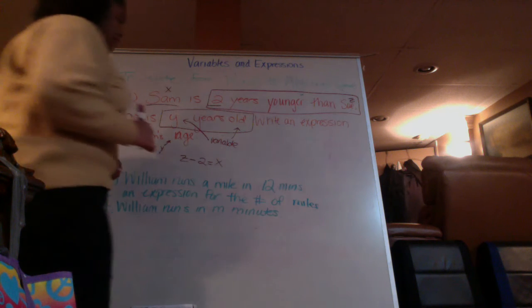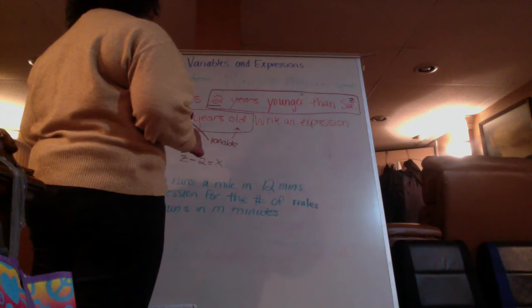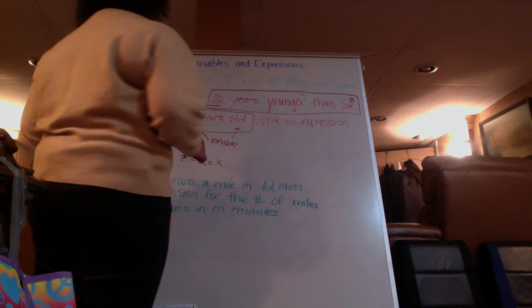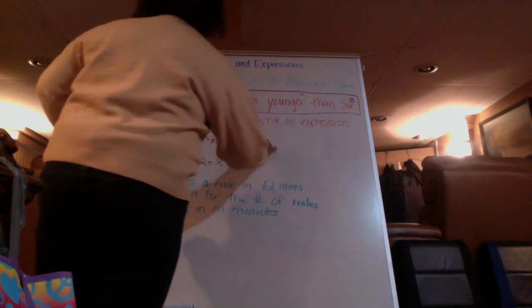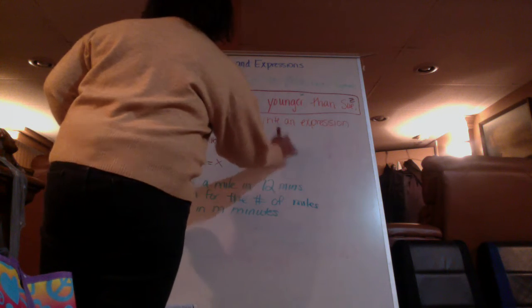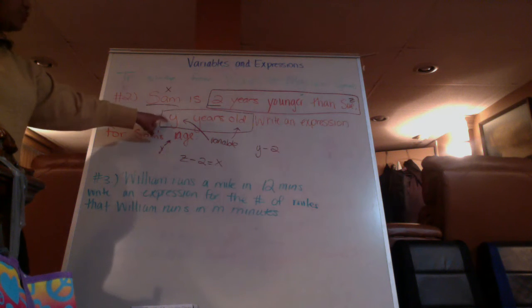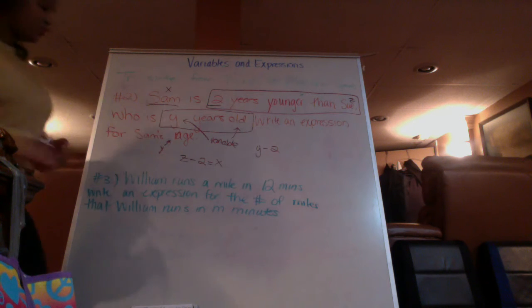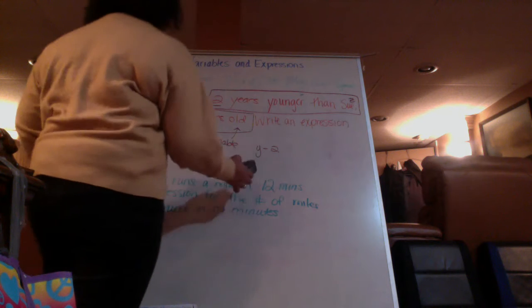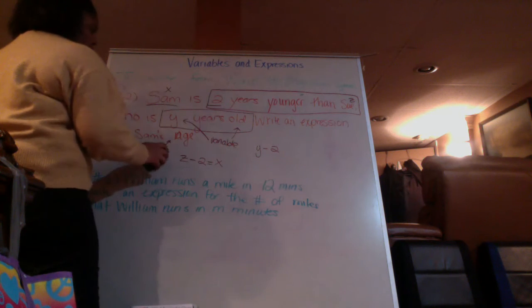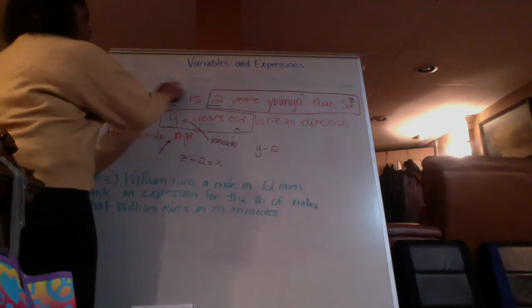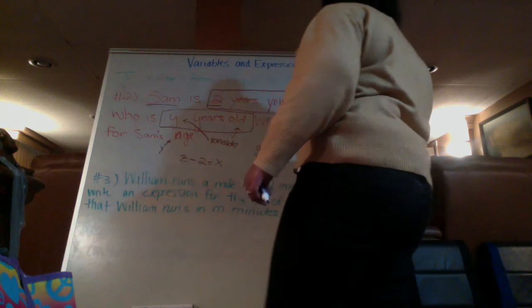So in this case, we would do Y minus 2. Because in this case, they said that Sue is Y years old. So she's actually Y. I'm sorry about that. I didn't mean to confuse you. So Sue's age is actually Y. So you do Y minus 2.